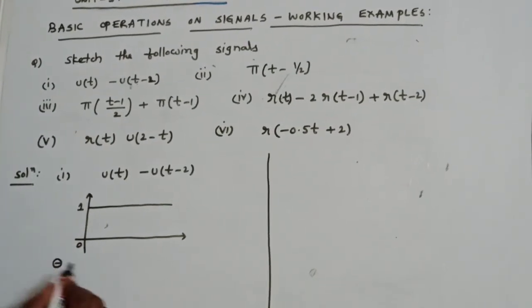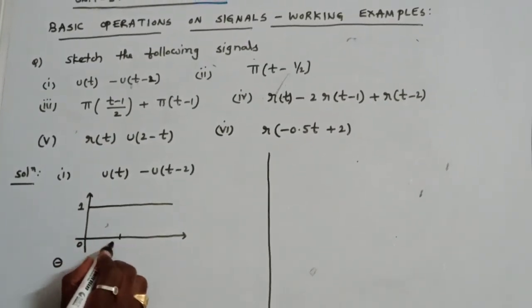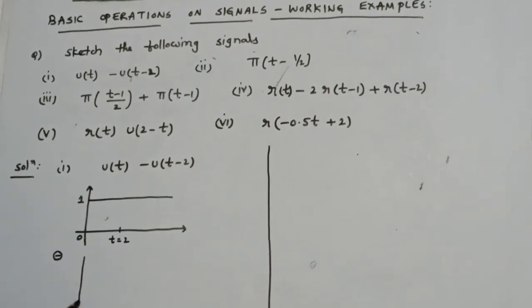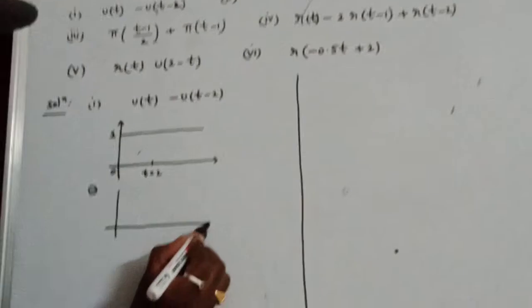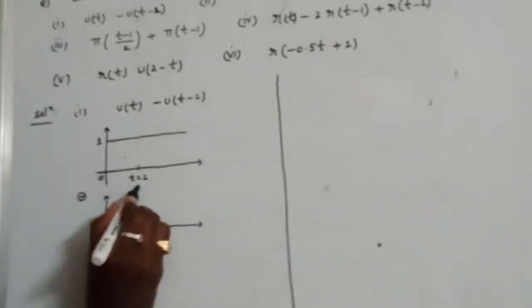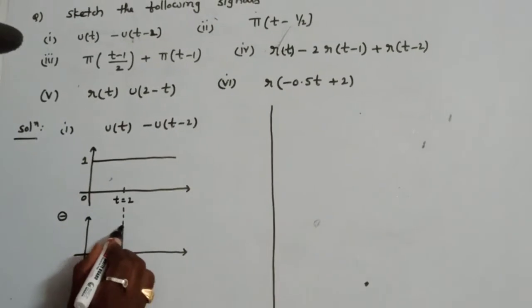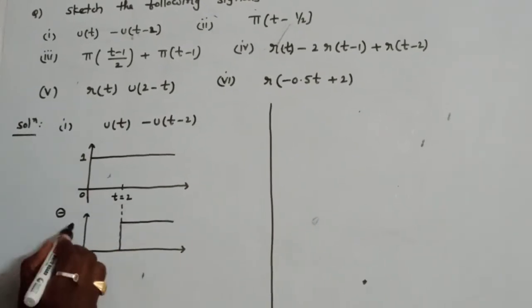Then locate t equal to 2 somewhere, and draw another unit step signal which starts at t equal to 2 and has an amplitude of 1.